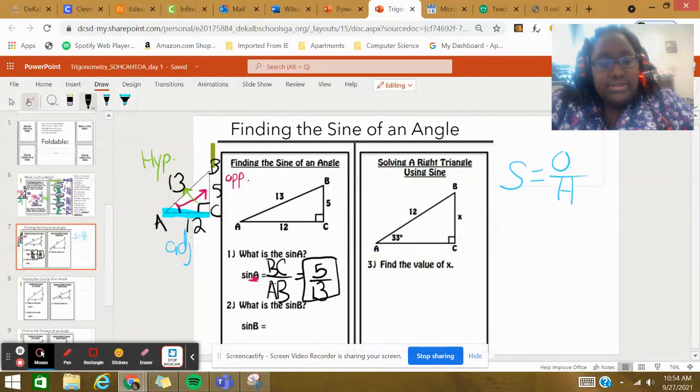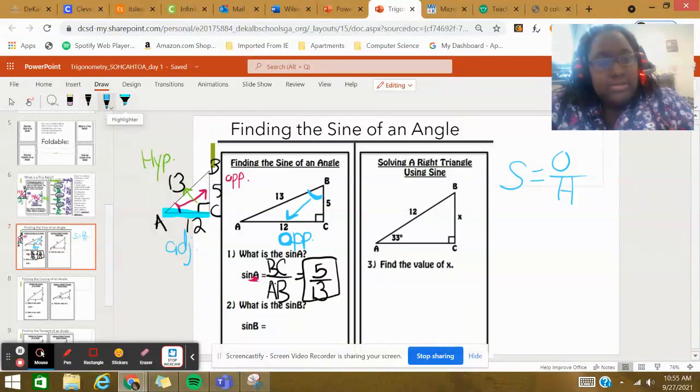Now I need to do sine of B. So using the other triangle that's already sitting right in front of me, I'm going to now put my angle marker in. This is B. Okay. From B, this will be my opposite side by drawing the arrow the other direction. This is my opposite. That's an O, by the way. OPP.